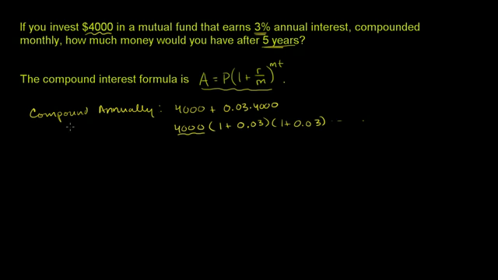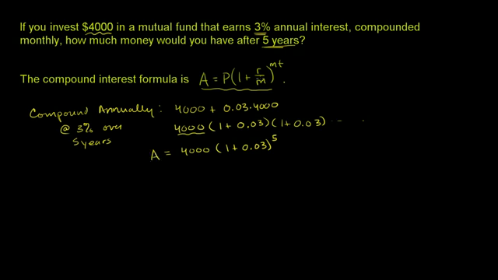So if you compound annually at 3% over 5 years, then you're actually just looking at $4,000 times 1 plus 0.03 to the 5th power. And I think you already see this is how much you would be left with after 5 years.